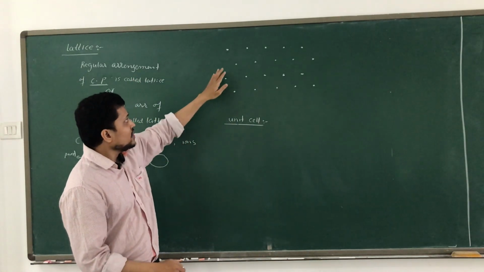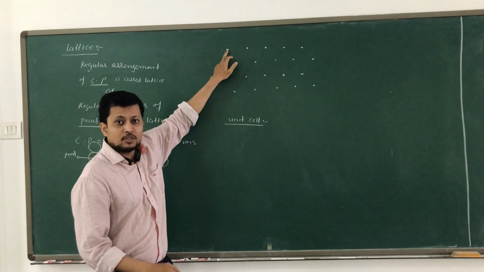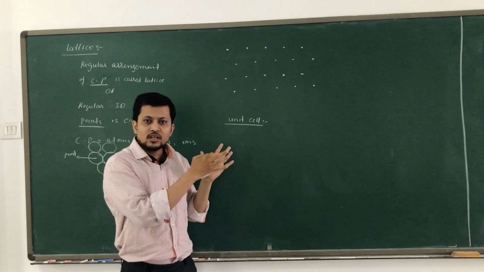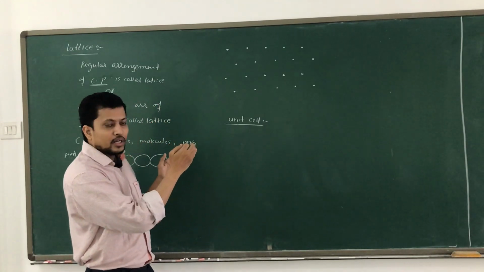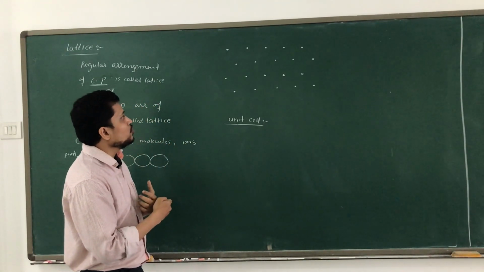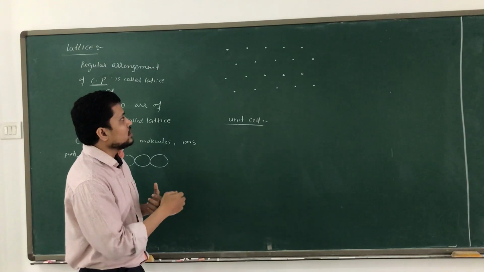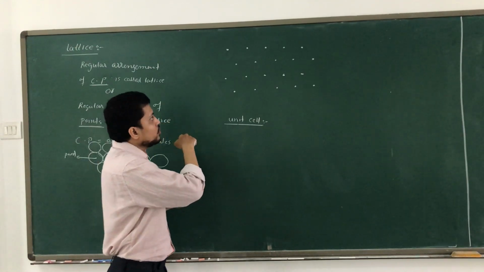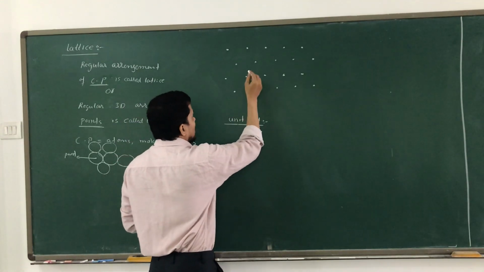So here we are only showing the points. When I combine those points, they are going to present a particular unit cell. So how they are going to be, I can make over here. I will make one unit cell in these points and show you how they are formed. Suppose I am having these points.